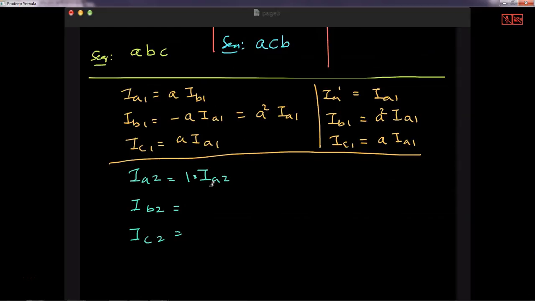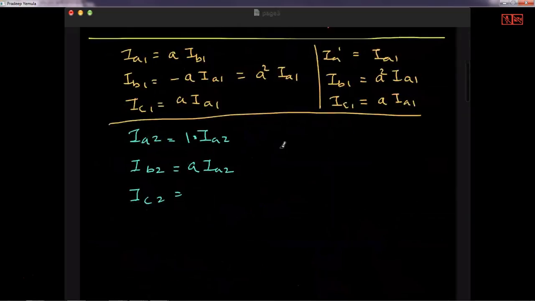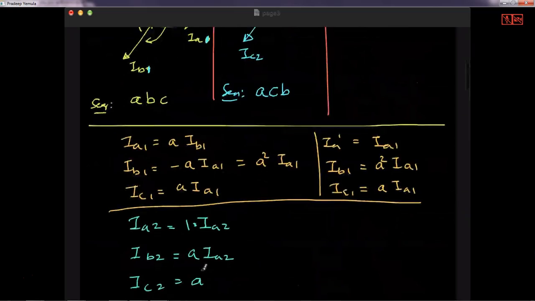IB2, you look at the diagram, IB2 is here. So to get IB2 to IA2 position, if I multiply A to IA2, it will become IB2. So A into IA2 is nothing but IB2. Similarly, IC2 is A square into IA2, like this.